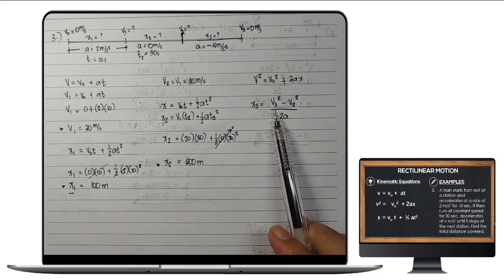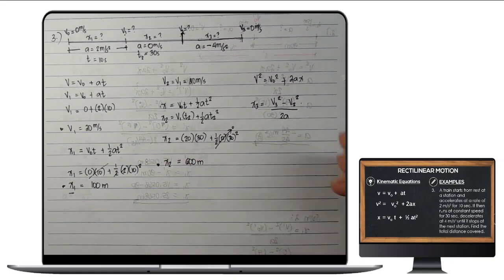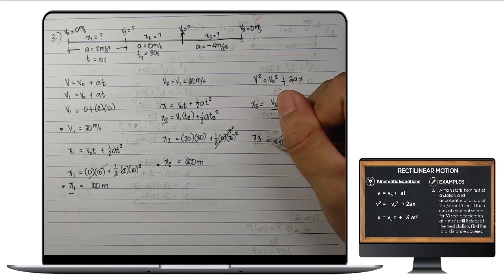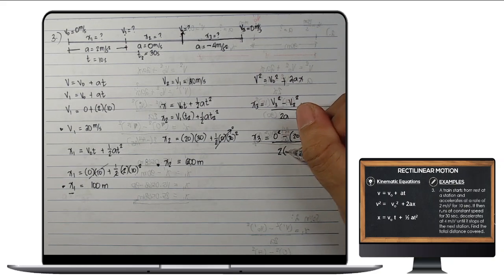So, x sub 3 is equal to v sub 3 squared minus v sub 2 squared divided by 2a. So, substituting, x sub 3 is v sub 3, that is 0 squared, minus v sub 2. V sub 2 is equal to v sub 1, that is 20, being squared, divided by 2 times negative 4. Okay?